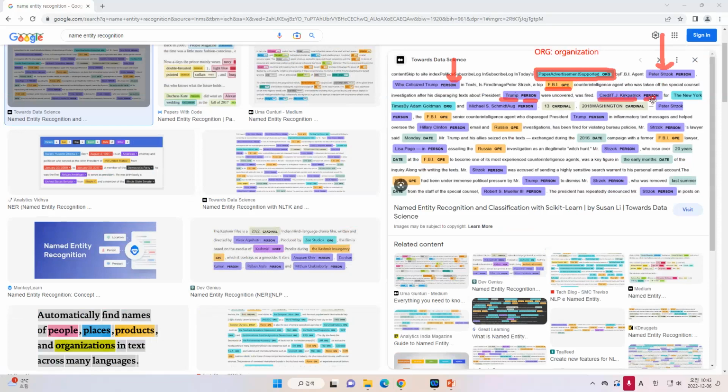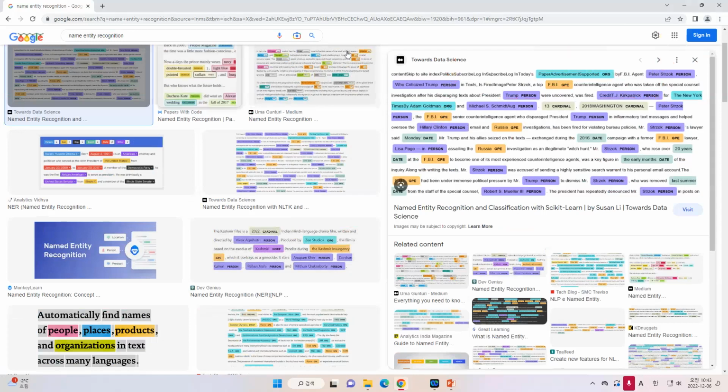And this is an organization, and so on. So for every one of these names we can know whether it represents a person, an organization, or a government entity. We call this named entity recognition.